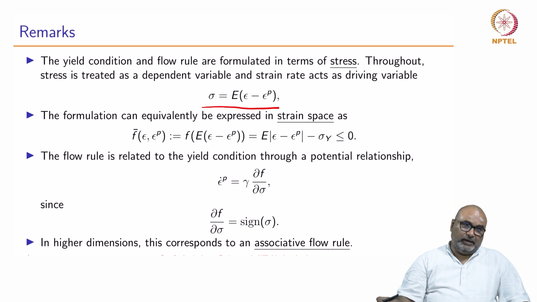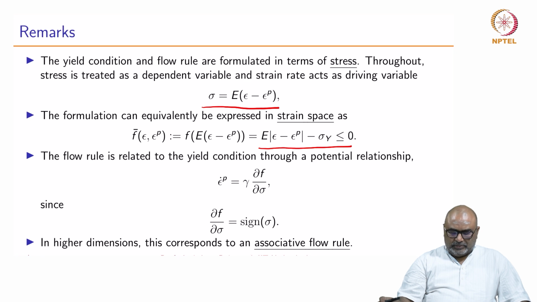So, one can write F bar of ε comma ε p, which can be defined as E |ε minus ε p| minus σ y less than or equal to 0. The flow rule is related to the yield condition through a potential relationship ε dot p is equal to γ times ∂f/∂σ, where ∂f/∂σ is equal to sign of σ.